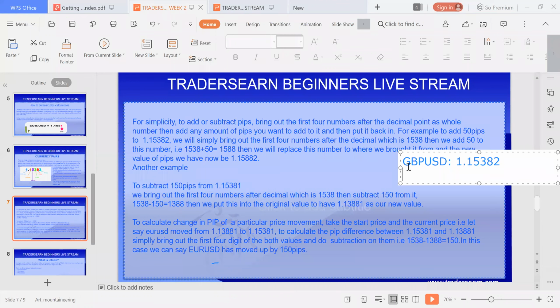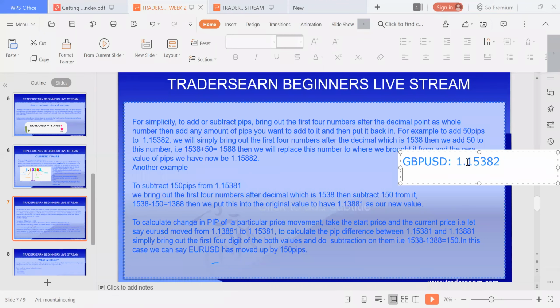I want to place my stop loss 50 pips below this entry. That means if the price goes against me by 50 pips, sorry, not percent, 50 pips, I want the system to close it for me automatically.